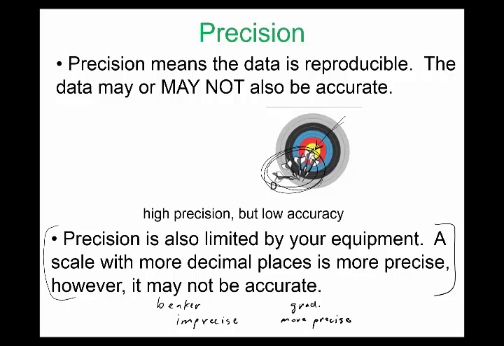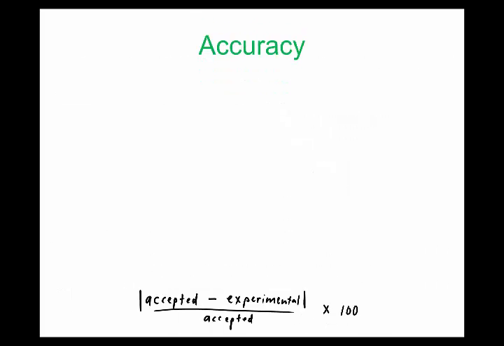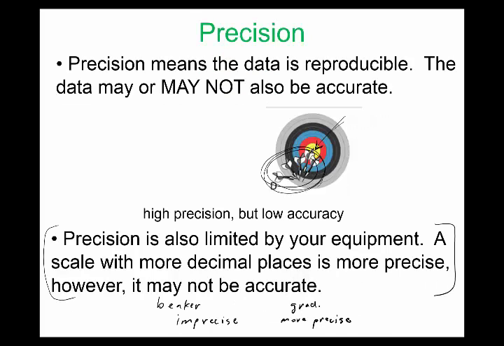So more decimal places means better precision, if your glassware goes to more decimal places. Okay, and then a burette is typically even more, because the ones we use in class are going to go to the 100th place, and these might go to the 10th.